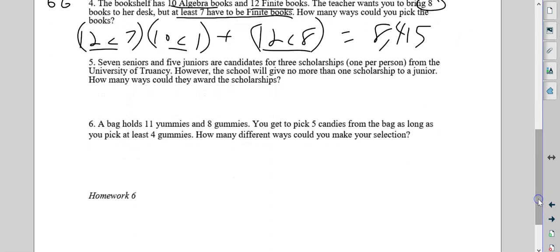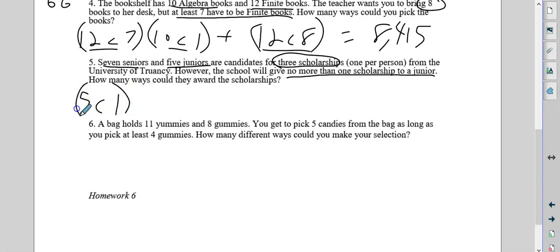I think you're pretty comfortable with entering these in by now. 7 seniors and 5 juniors are candidates for 3 scholarships from the University of Truancy. However, the school will give no more than 1 to a junior. Okay, again, juniors are our second one here. So no more than 1 means 1 only to a junior, which means the other 2 would go to seniors.